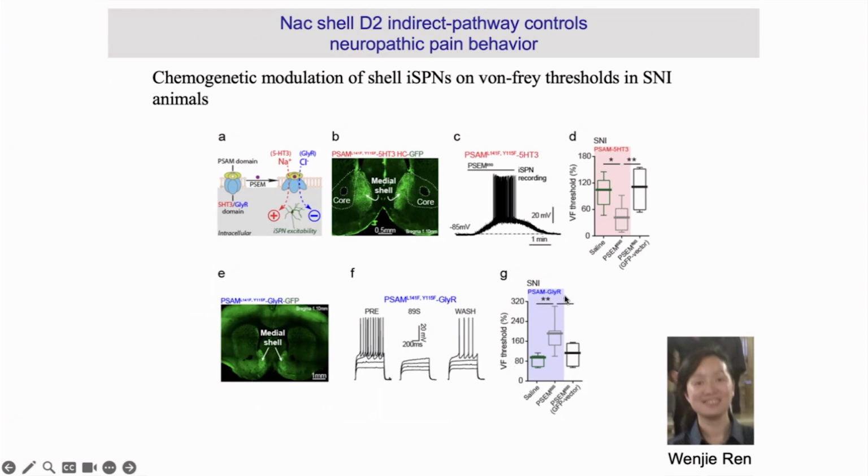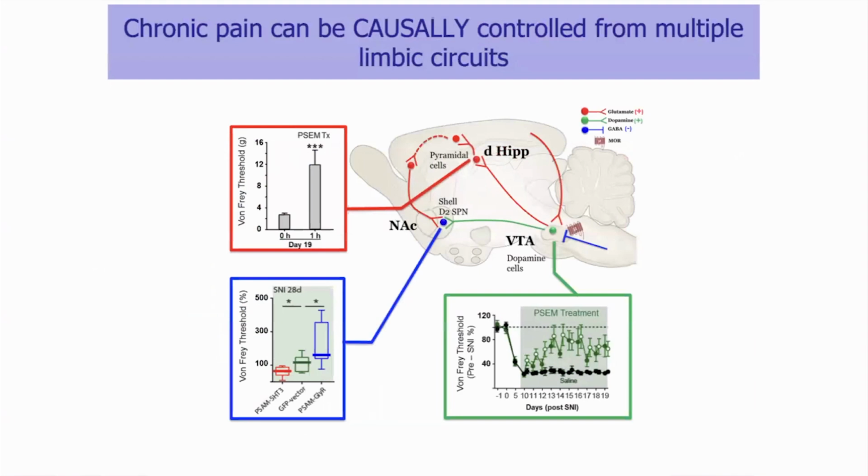We can either increase or decrease their tactile allodynia sensitivity by simply changing the excitability of these neurons. Just to show you that, in fact, the human brain imaging data can give us very rich, very fruitful directions with which we can study the brain circuitry at a very fine level.